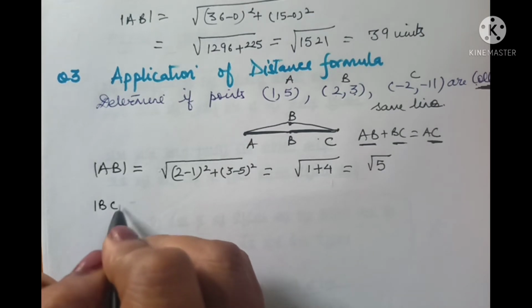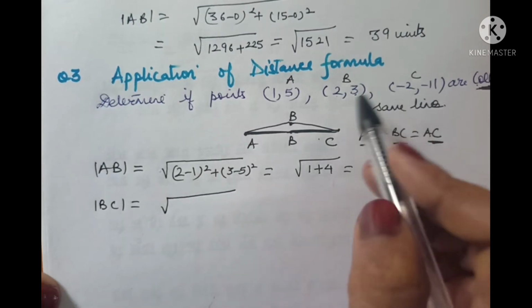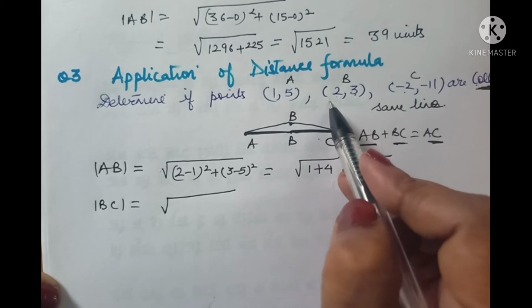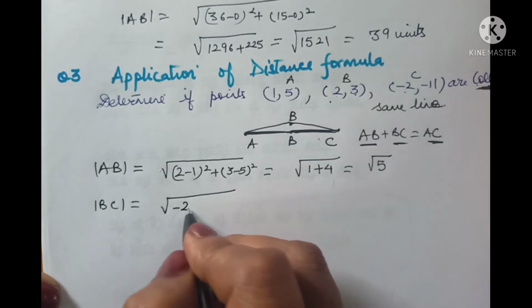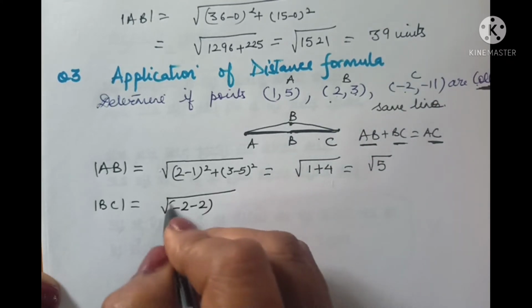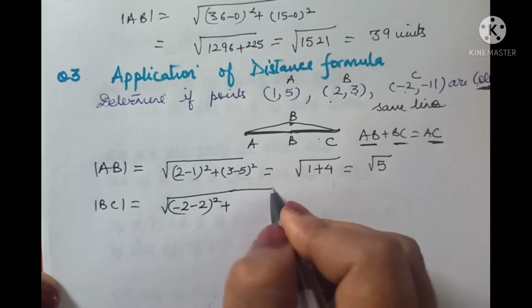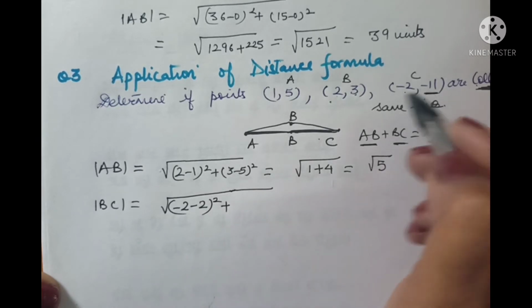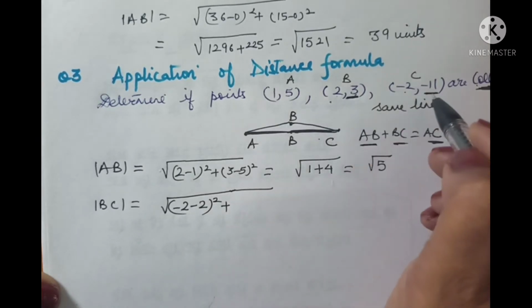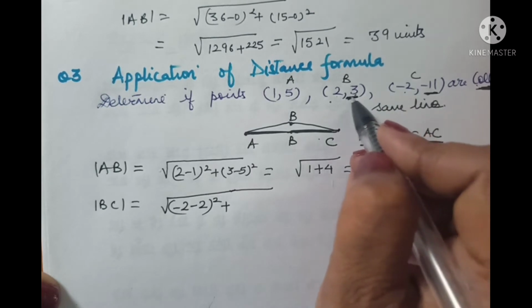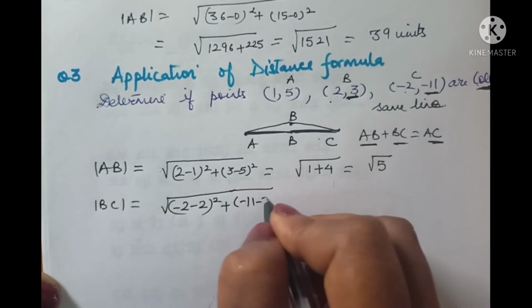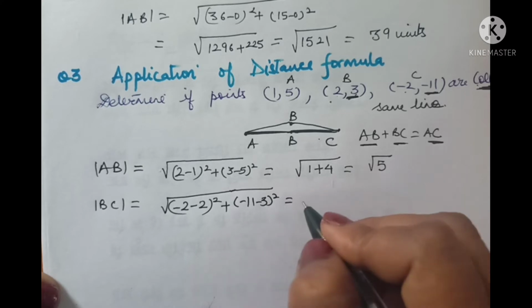Let us find out BC. It is square root of, now minus 2, right? x2 sign change x1, minus 2 whole square, plus minus 11 minus 3, y2 sign change y1. So minus 11 minus 3 square. Now you are simply to solve it.